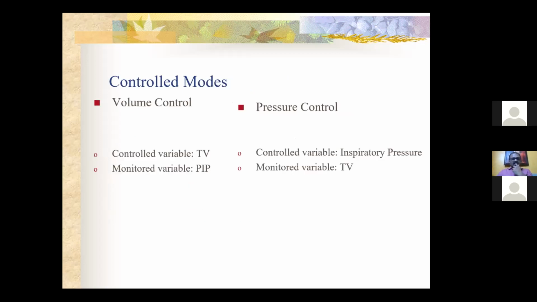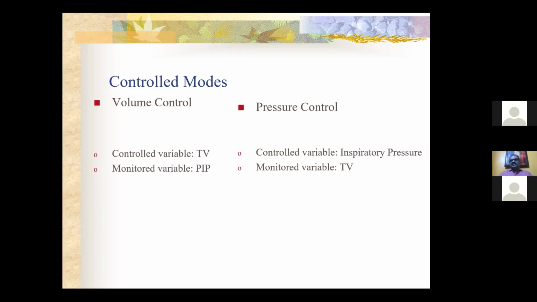As I said, there can be 2 modes, volume control and pressure control. In the volume control, what you can set is the tidal volume. In the pressure control, what you set is the inspiratory pressure. So you'll be directly setting the volume or tidal volume.